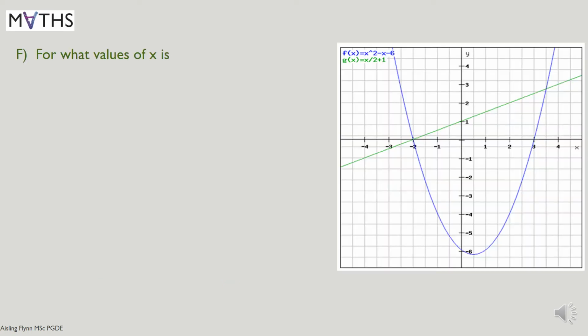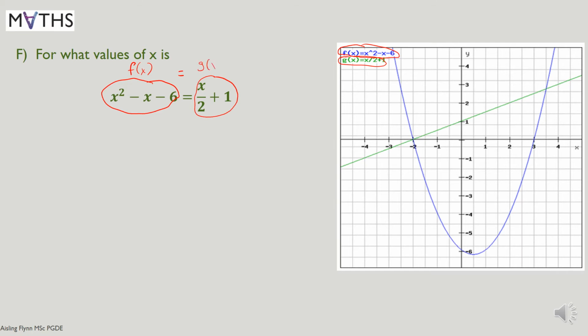Now, question F says, for what values of x is x squared minus x minus 6 equal to x over 2 plus 1. Now at first glance this looks not so nice, but hopefully after a bit of practice you'll quickly recognize that x squared minus x minus 6 is actually f of x, equal to, and x over 2 plus 1 is actually g of x.